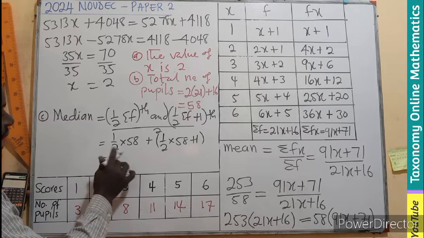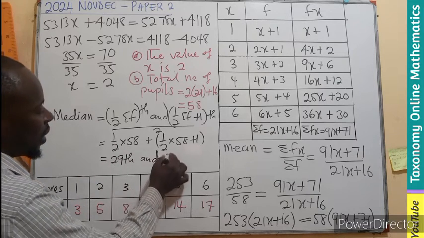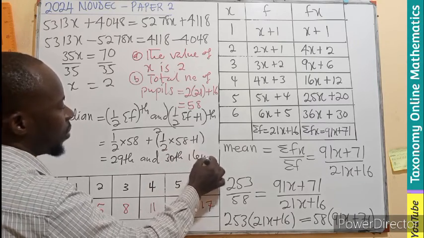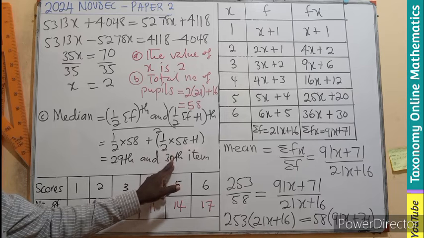So we have the 29th and 30th item or observation. So we are now going to count the number of ones that are available in terms of arrangement. I'll only be adding up the numbers. This is 8, 16. 16 plus this, that will be 27. 27 plus this will involve both the 29th and the 30th.